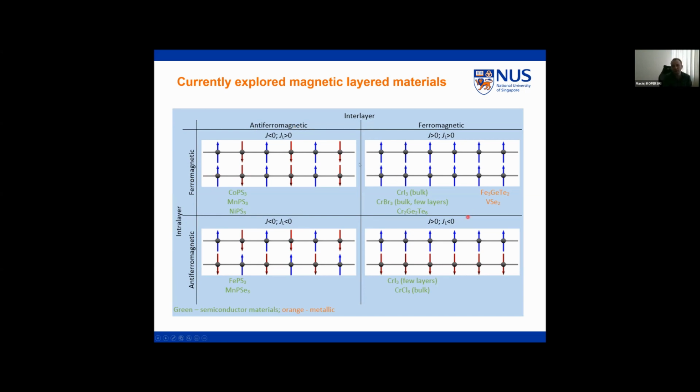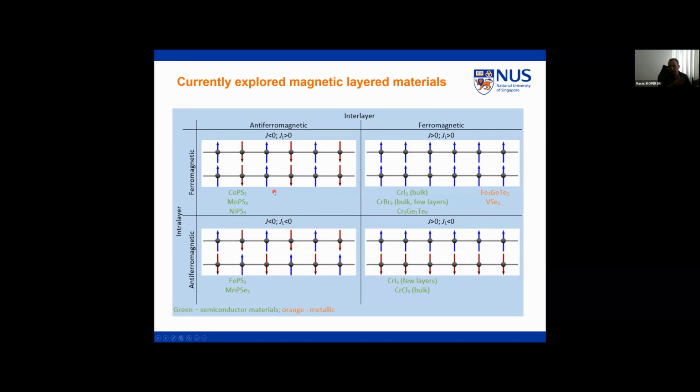So in a simple version, you can say that you have 4 possible configurations, when the in-plane interaction is either ferromagnetic or antiferromagnetic, and the interlayer exchange interaction is ferromagnetic or antiferromagnetic.